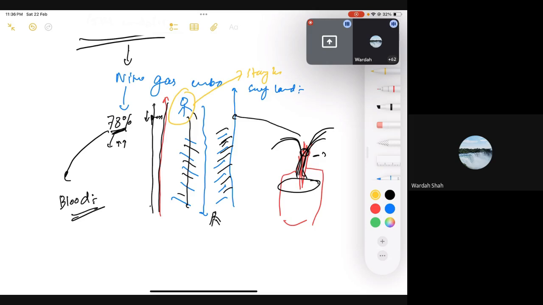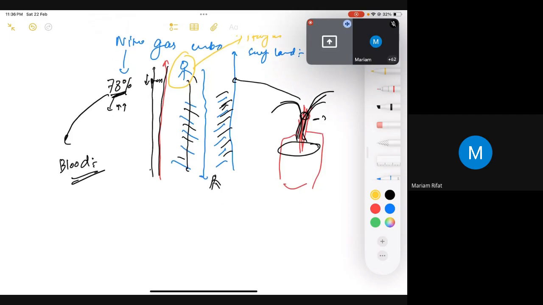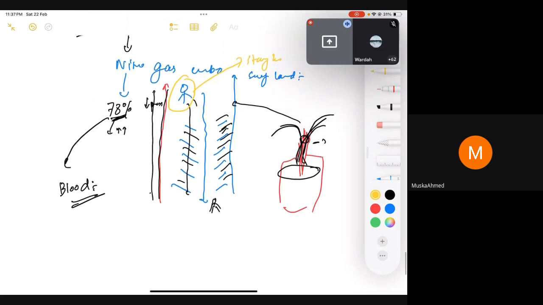He should come up slowly? Yes, the idea is really simple. He should not have a rapid ascent.